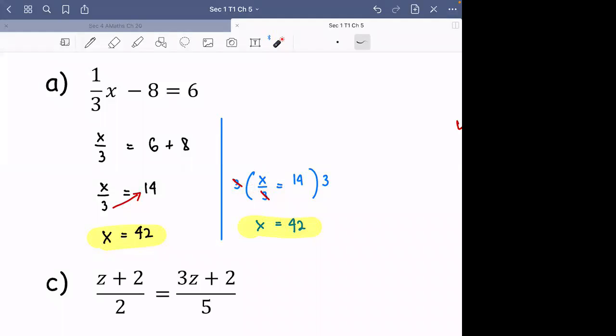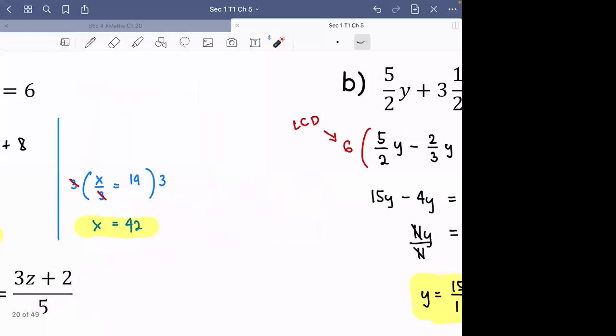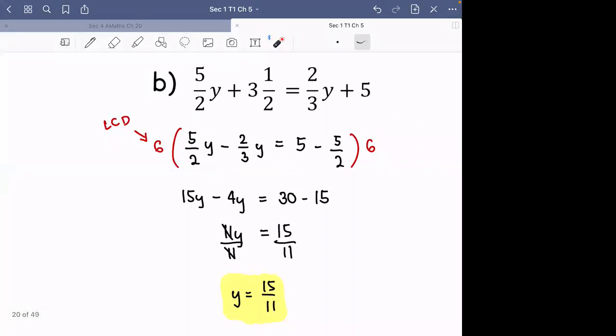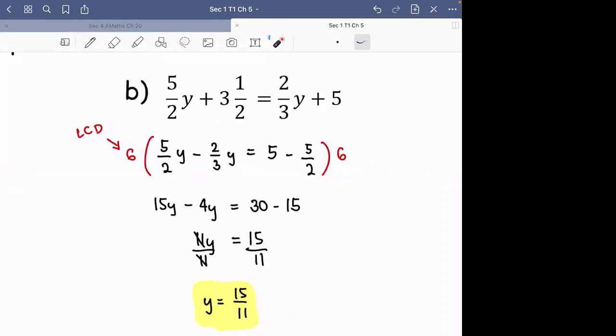And then for letter B, this one is a bit more complicated compared to letter A. So we have 5 over 2y plus 3.5 equals 2/3 y plus 5.